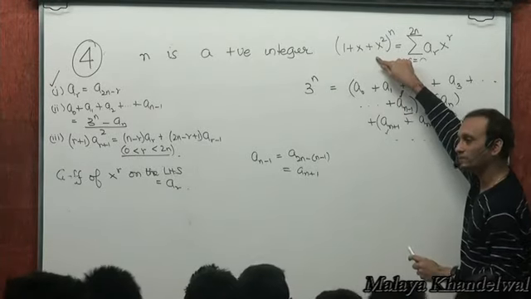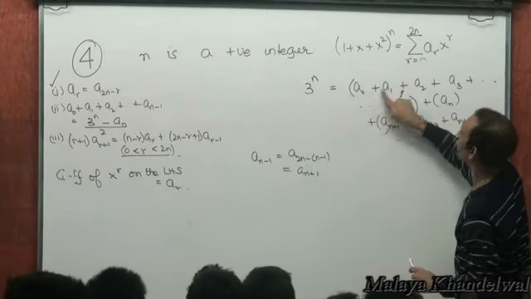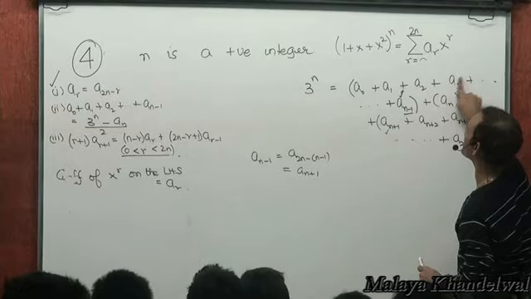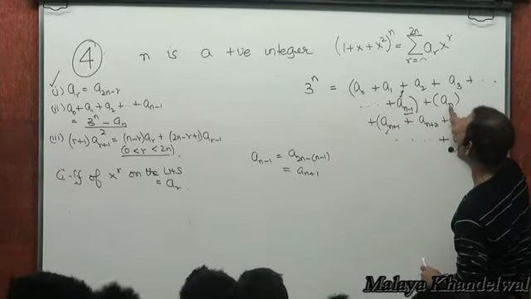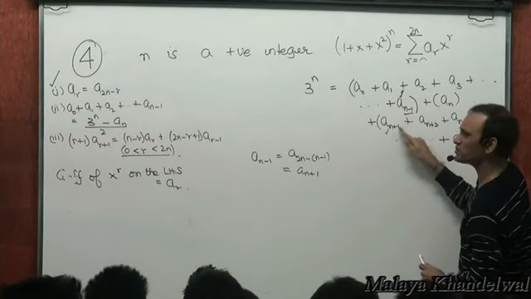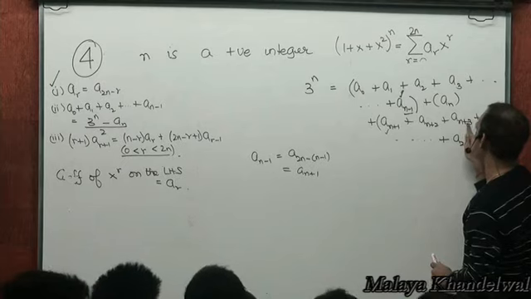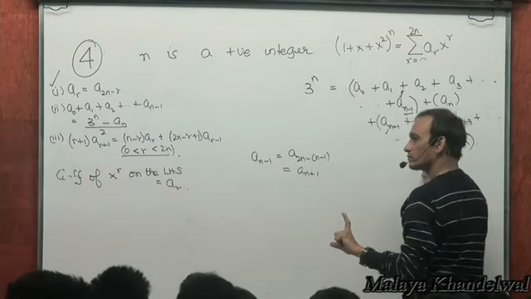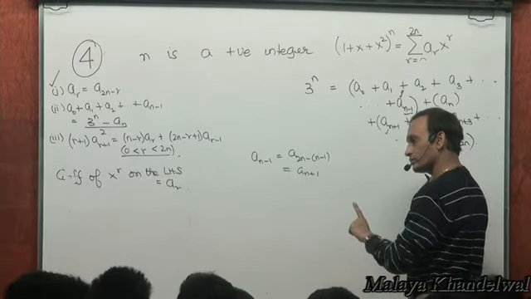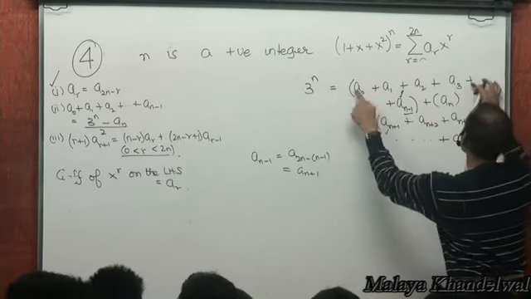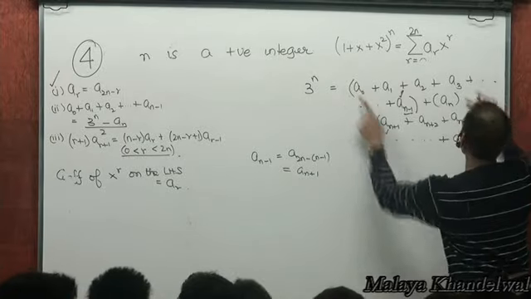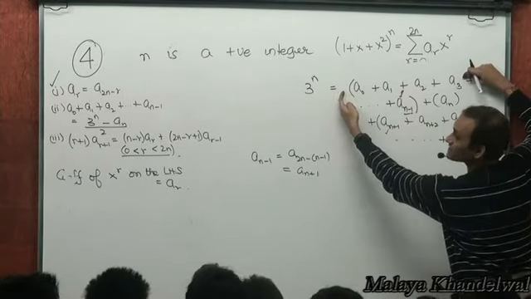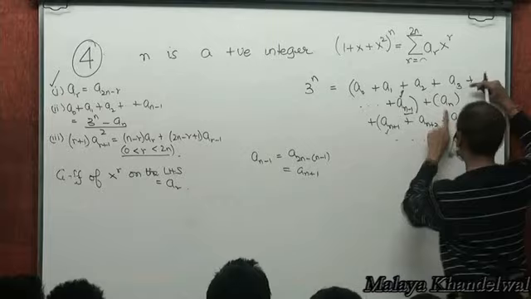Put x equal to 1: 3 to the power n equals a naught plus a1 plus a2 plus a3 plus up to an minus 1, and then plus an, and then an plus 1 plus an plus 2 plus an plus 3 plus up to a2n. Are you okay with this now? This is the same as this. So this plus this would be twice the required summation plus an.